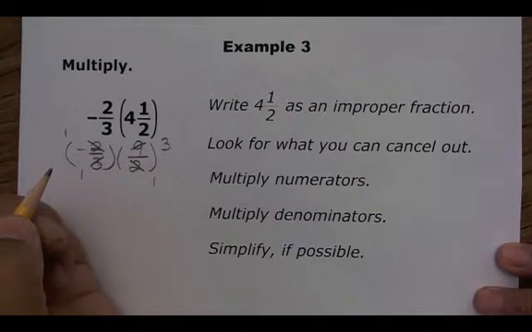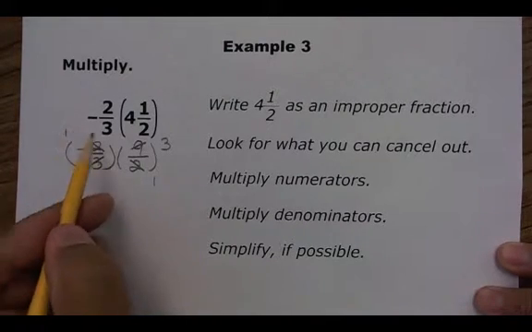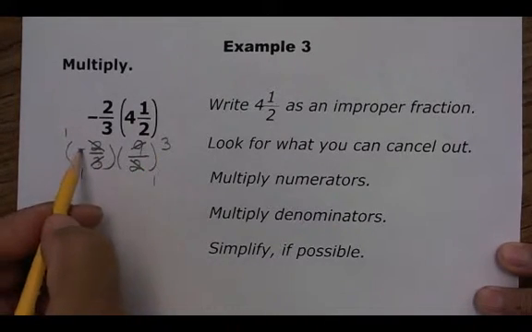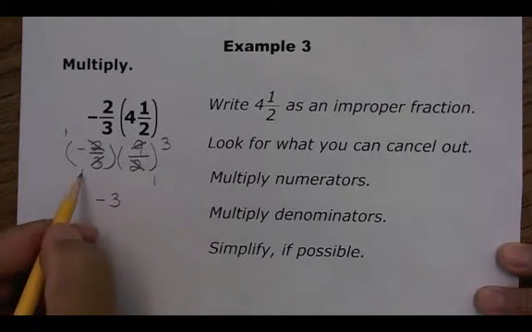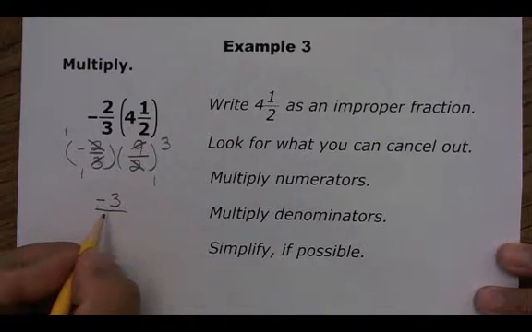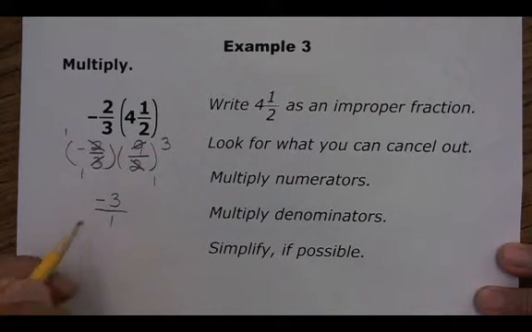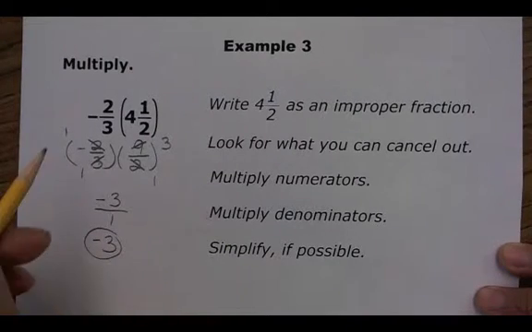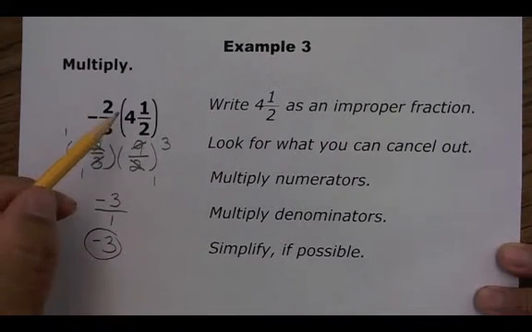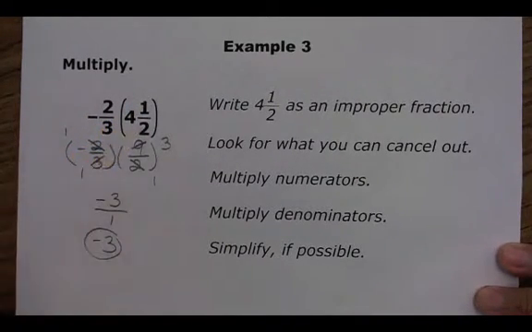So this makes it a little bit easier to solve now. I have 1 times 3 is 3, but remember it's a negative, so it's going to be negative 3, and then 1 times 1 is 1. And negative 3 divided by 1 is negative 3. So negative 2/3 times 4 1/2 is equal to negative 3.